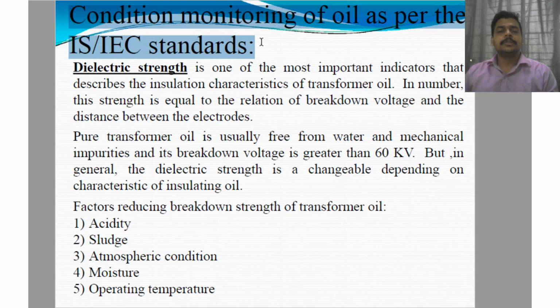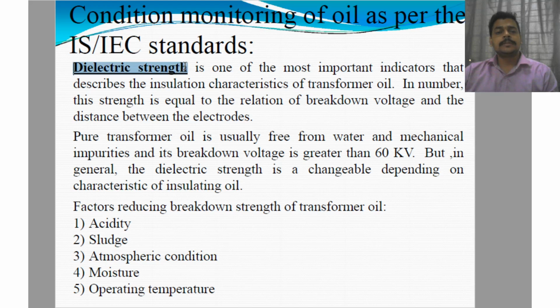IS refers to the international standard and IEC refers to the International Electrotechnical Commission, and if we follow these standards, we get the perfect procedure while doing condition monitoring or maintenance work.